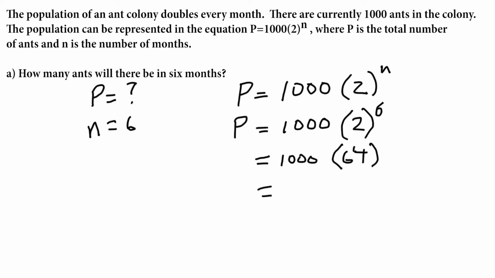And 1,000 times 64 is 64,000 ants. So in 6 months, we will have 64,000 ants.